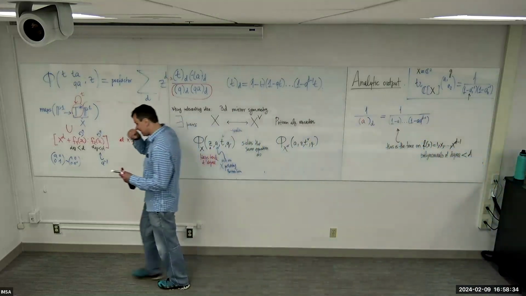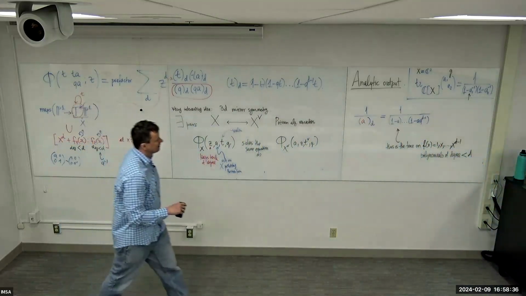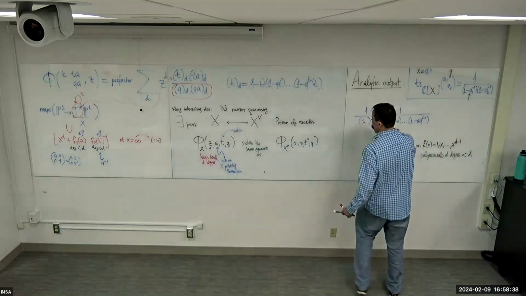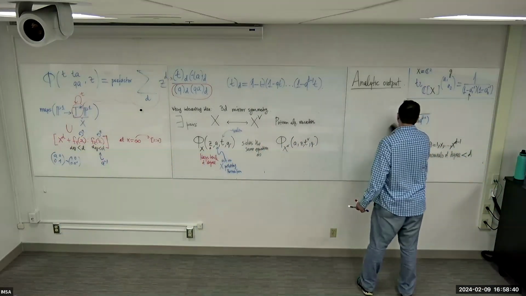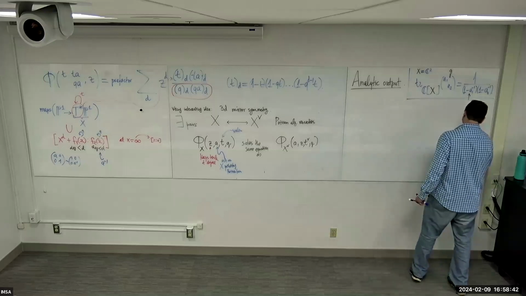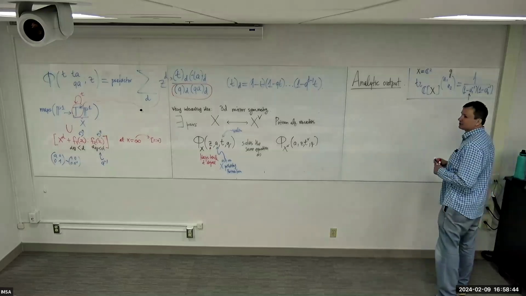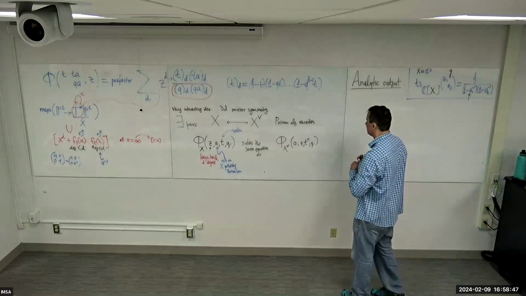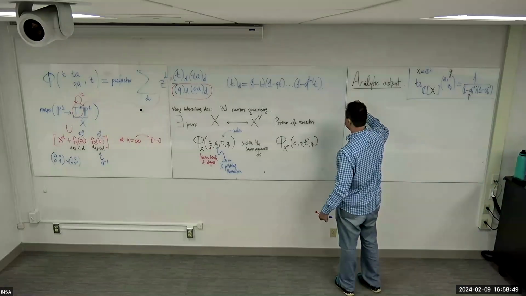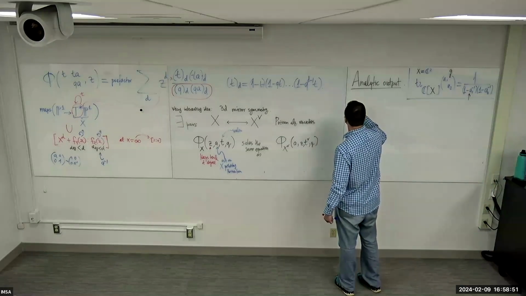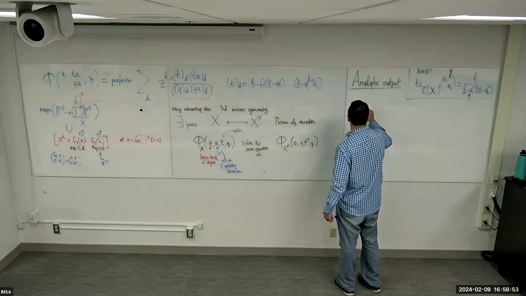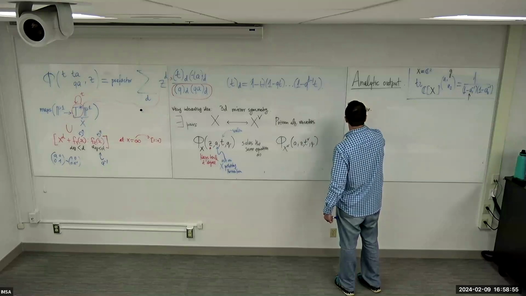And here is an example that you may want to check. Okay, I was planning to do it in the lecture, but I'm running out of time. So this is an exercise.